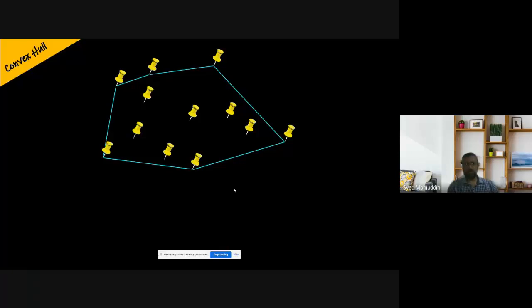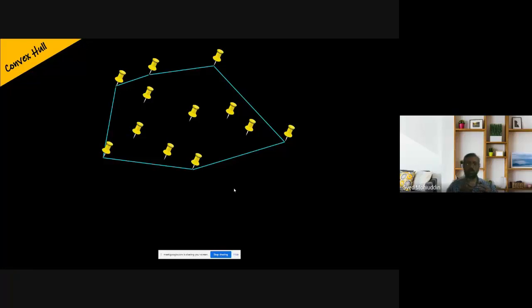So if you look at this figure, here we have several points, and the extreme points are joined by edges, or let's say a thread. So all the other points should lie within this loop, and this loop is known as a convex hull.